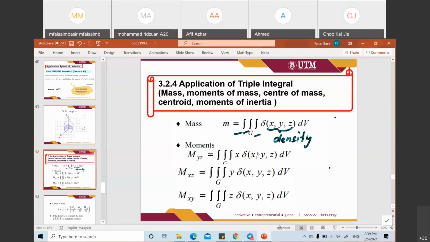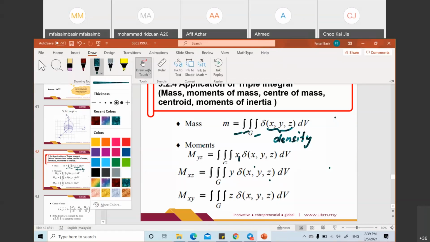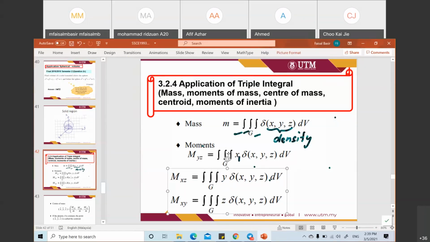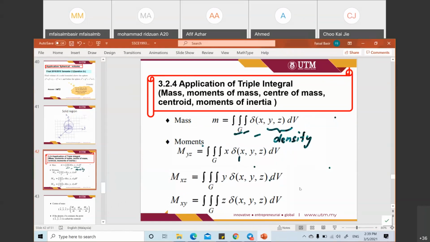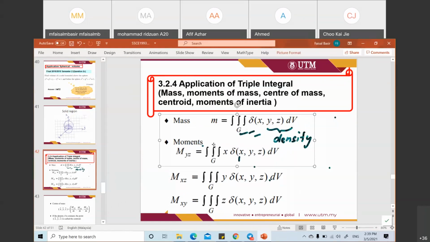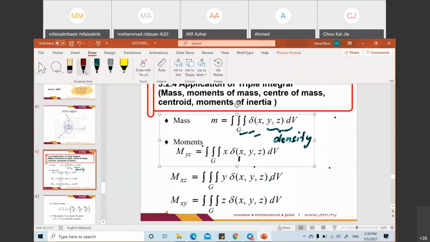Okay, so Myz will be the triple integral of x delta, the density, dV.